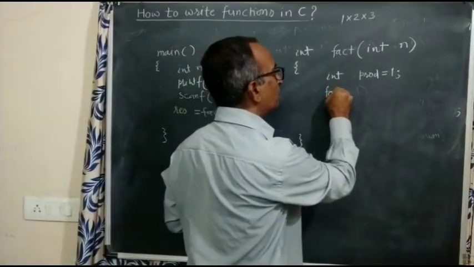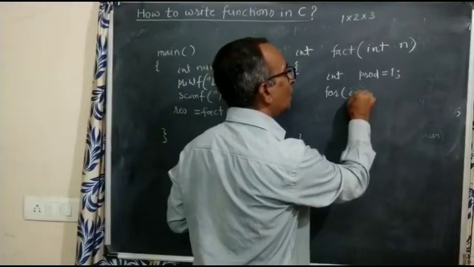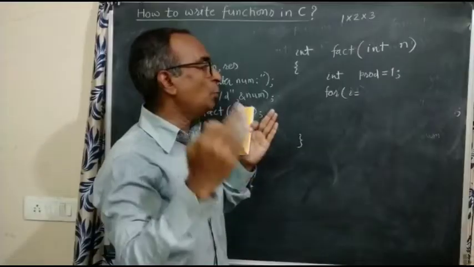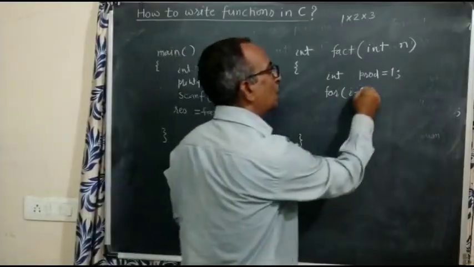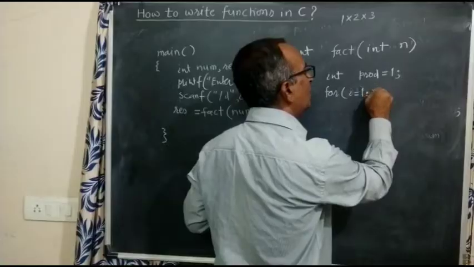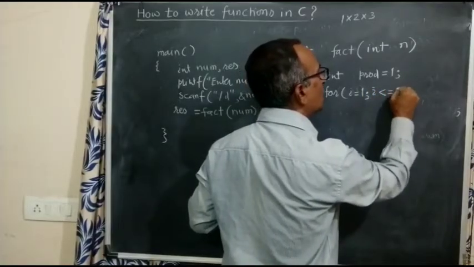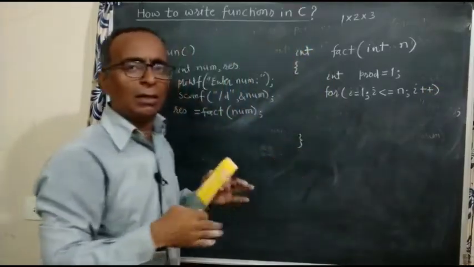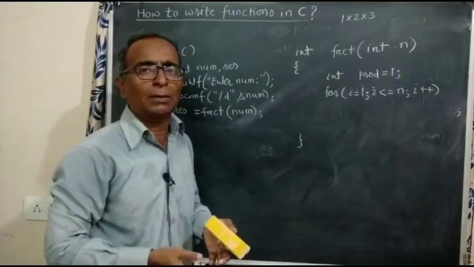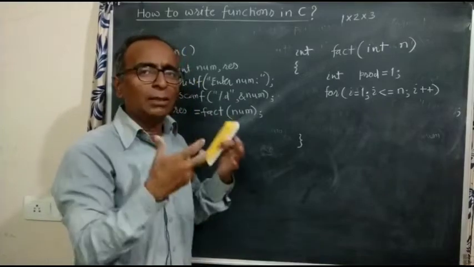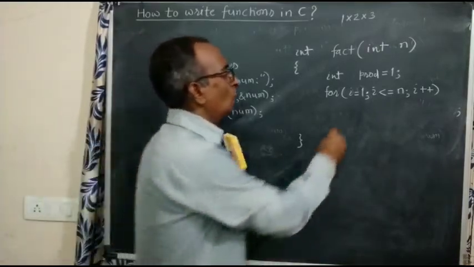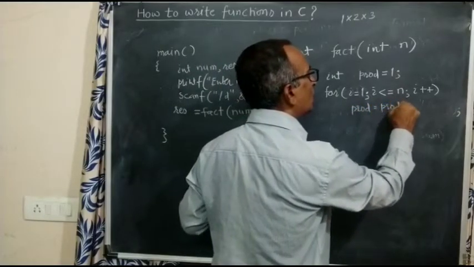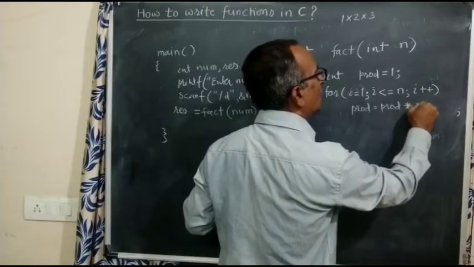So for this, 1, 2, 3 up to n values you have to multiply. So i = 1, i less than or equal to whatever n you are calculating, i plus plus. This logic and all, I'll keep videos on this in a later phase, on how to think for a logic. So what we are doing, product is given, product into this i value.